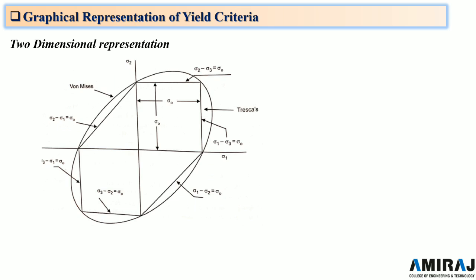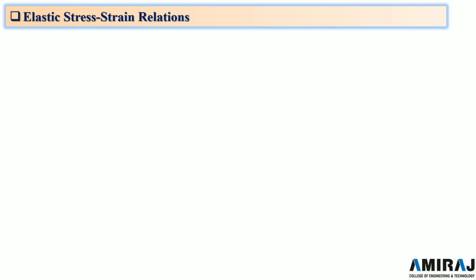Our next topic is elastic stress strain relation. The linear stress strain relations for isotropic elastic material are given by the well known Hooke's law, which was based on experimental data.